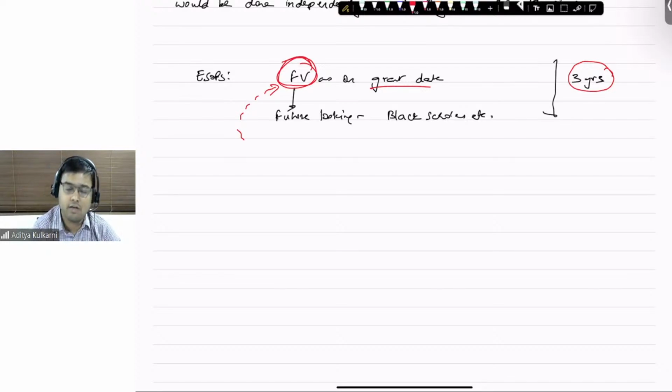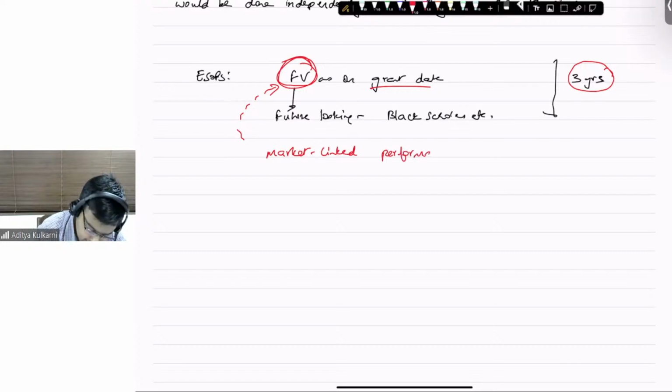You do not know that you have to do the accounting, and therefore we are not going to give any effect for market linked performance condition. Market linked performance condition, no effect or estimate.